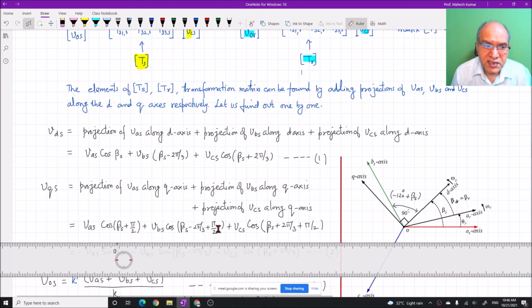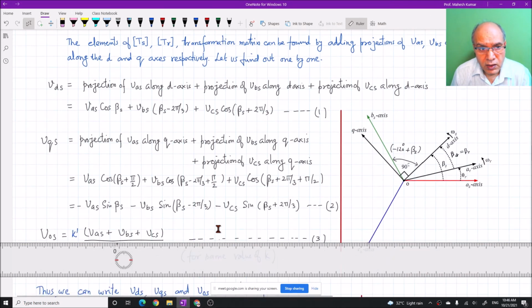This can easily be done by looking at this diagram and taking the projection of A, B and C along the D axis. So the D component, that is BDS, is nothing but the projection of BAS along D, the projection of BBS along D, and the projection of BCS along D.